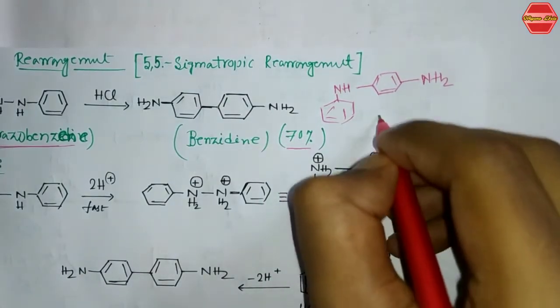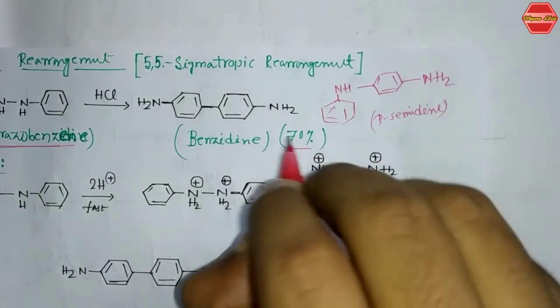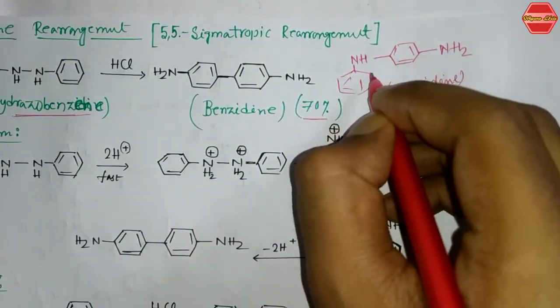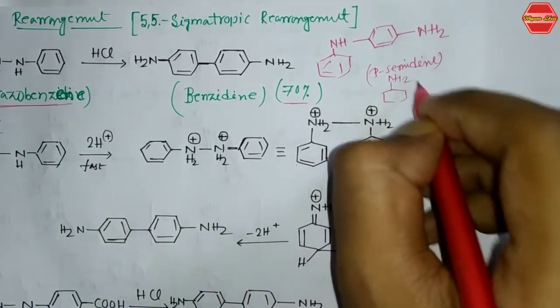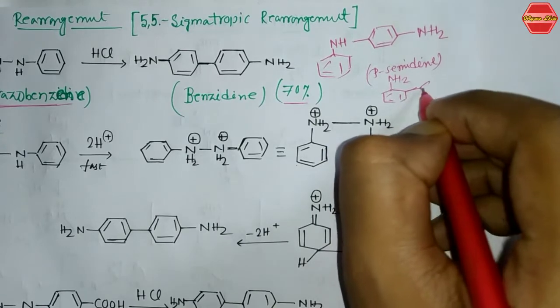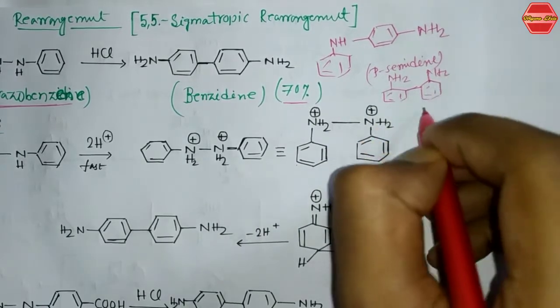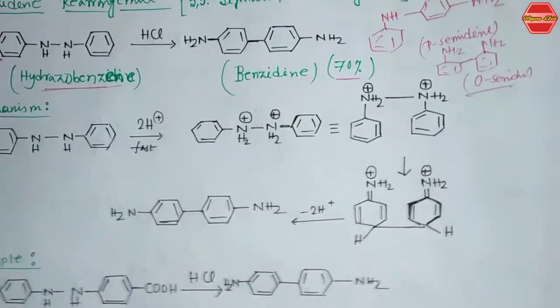So this is basically called the para semidine. Similarly, when you have the ortho semidine, it is basically the connection between this ortho group here to here. I can write it in this way, that is your NH2. So this is your NH2, right? So this is called the ortho semidine.